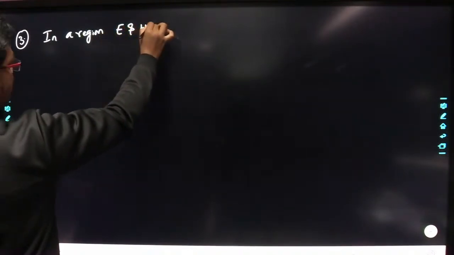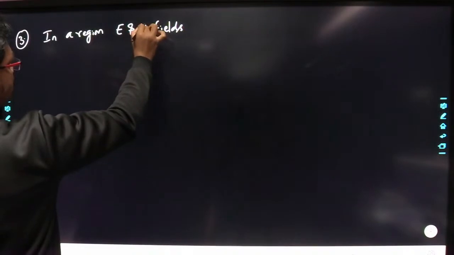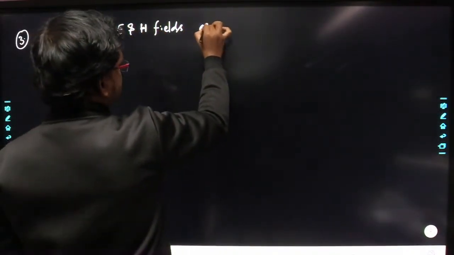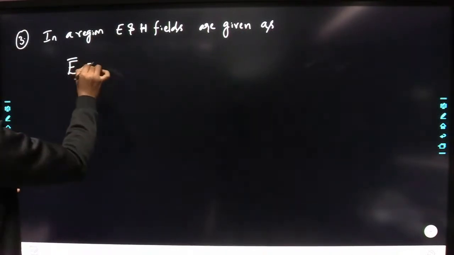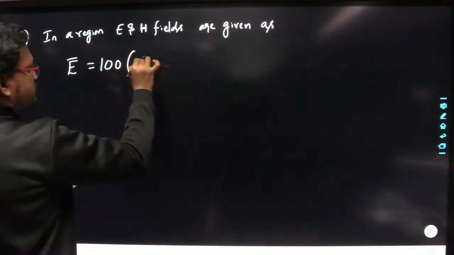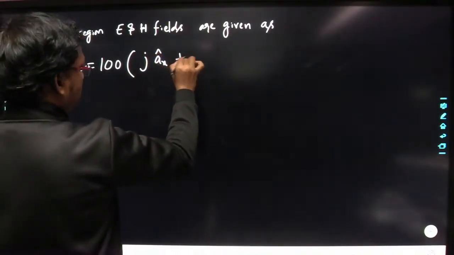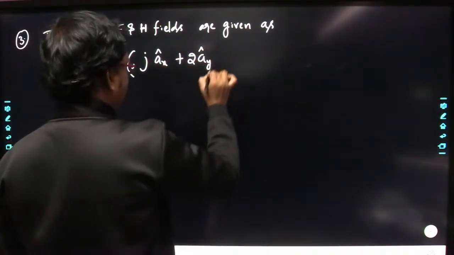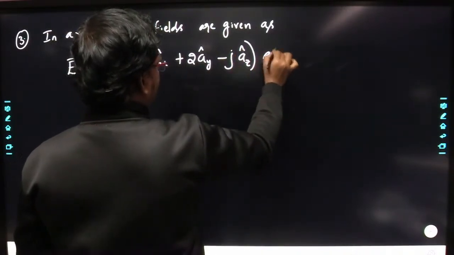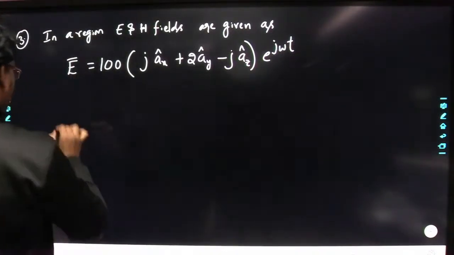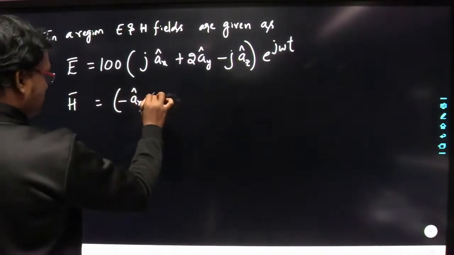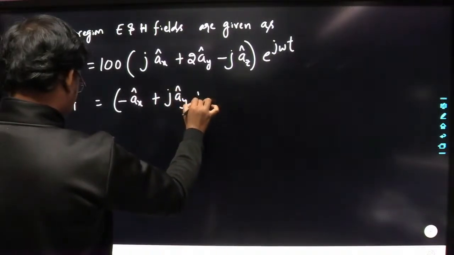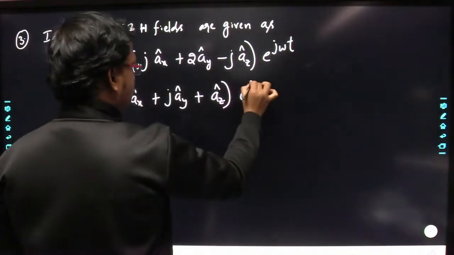In a region E and H fields are given as: E bar is equal to 100 into j AX cap plus 2 AY cap minus j AZ cap into e power j omega t, and H bar is equal to minus AX cap plus j AY cap plus AZ cap into e power j omega t.